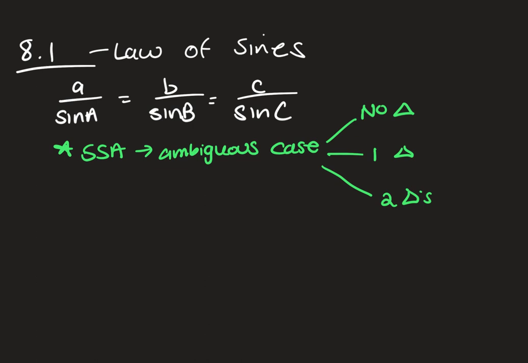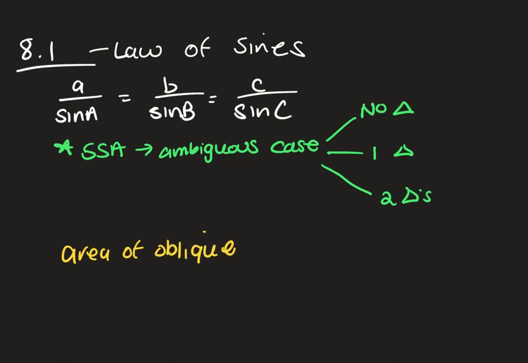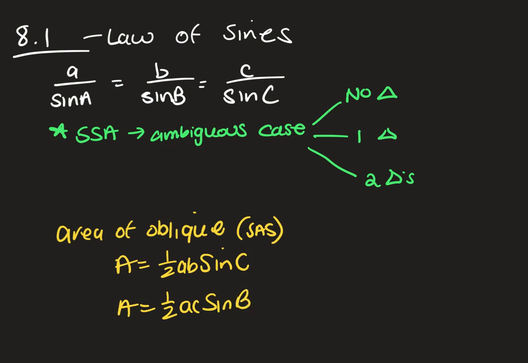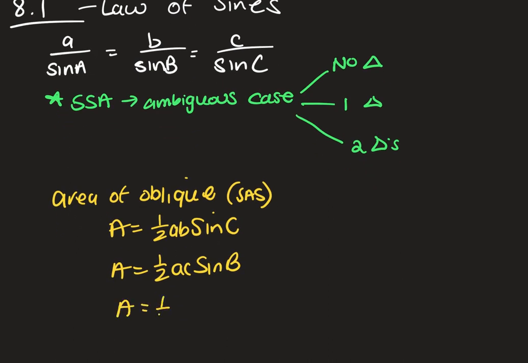And then from this, you also have the area of an oblique triangle. This is if you had side angle side. If you had a side angle side, and you're finding the area, it's 1/2 AB sine of C, or 1/2 AC sine of B, or 1/2 BC sine of A. In all of those scenarios, you're given two sides and the included angle.